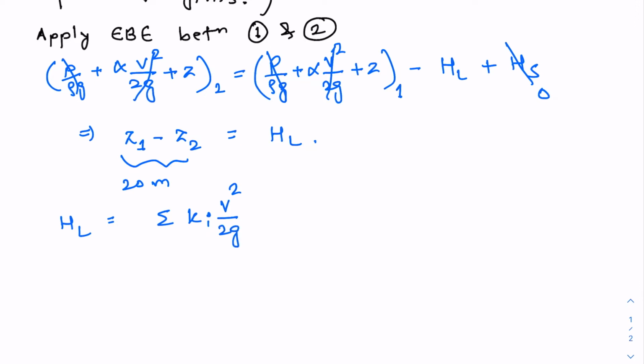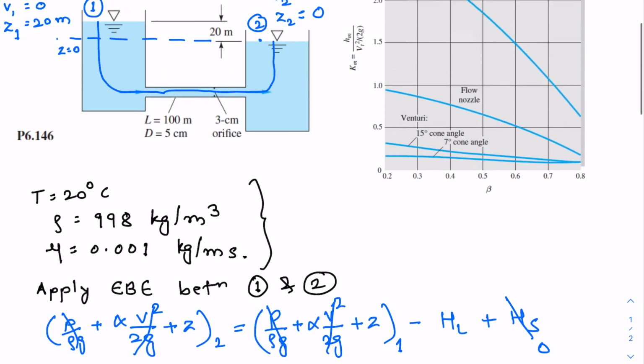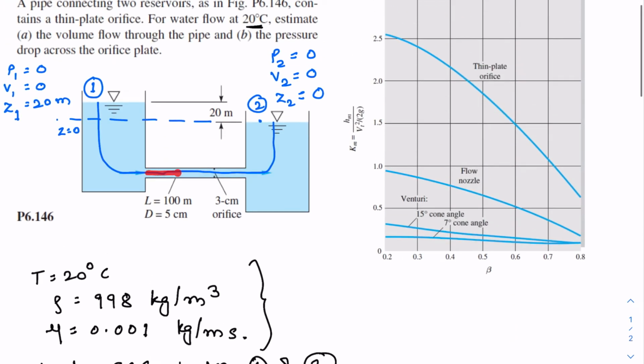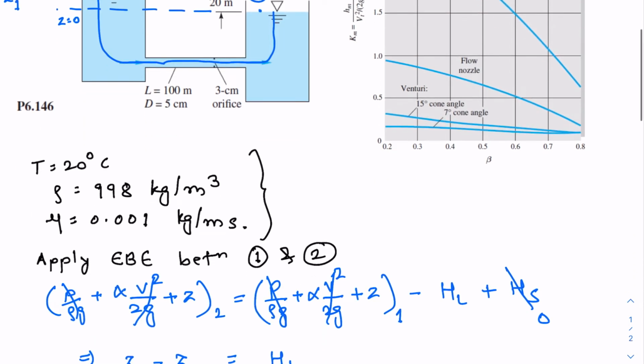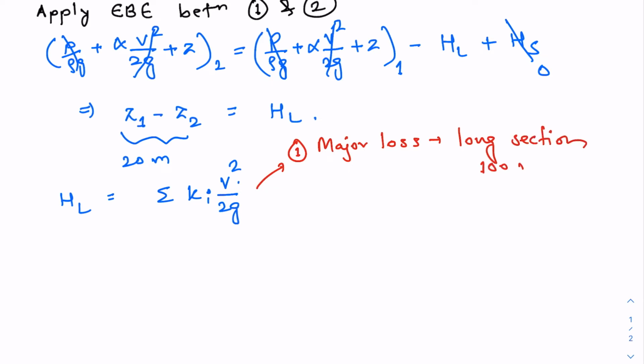Now remember, this velocity V is the velocity of the fluid through this pipe, and let's see what all the losses are here. One is the major loss due to the long section of the pipe, which is 100 meters.